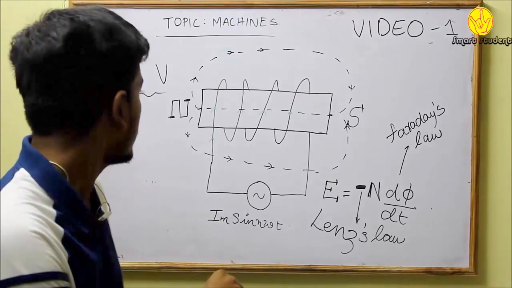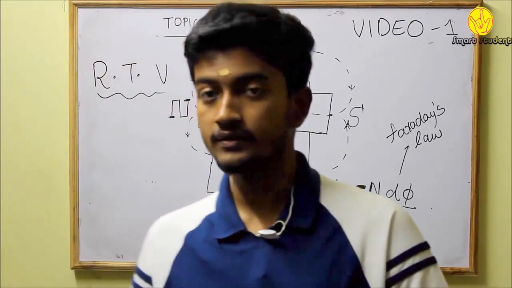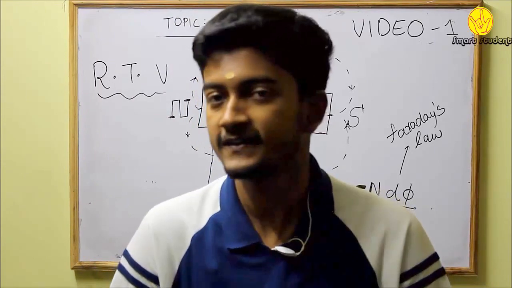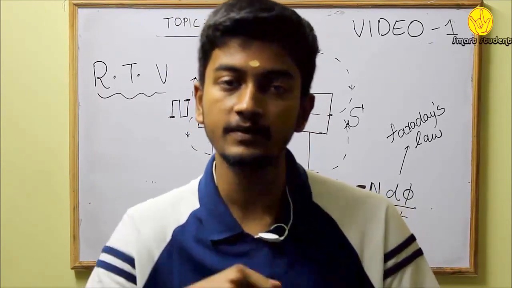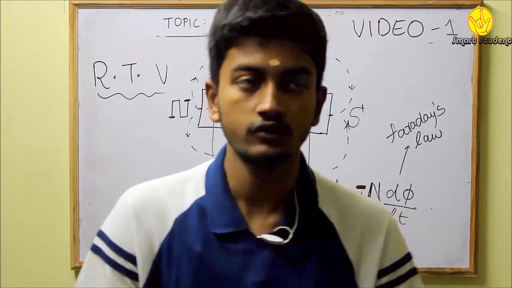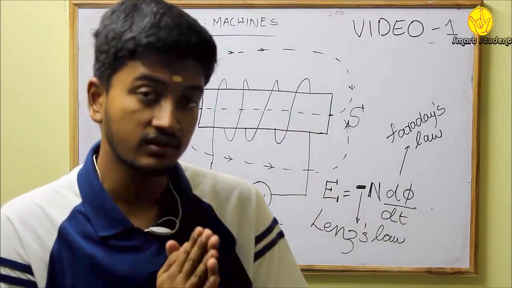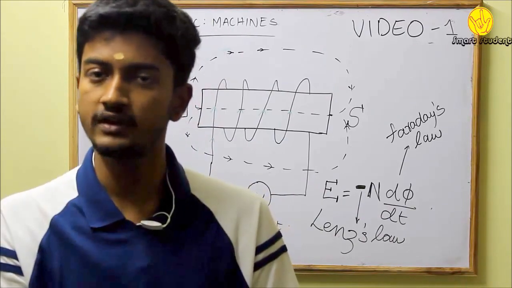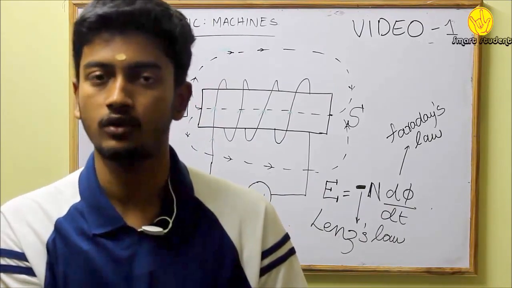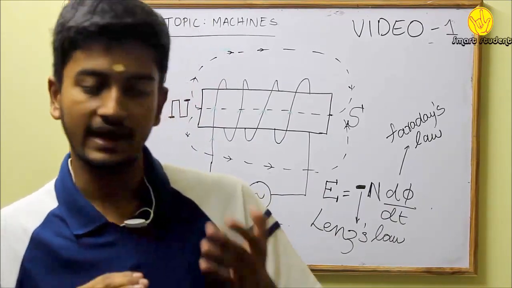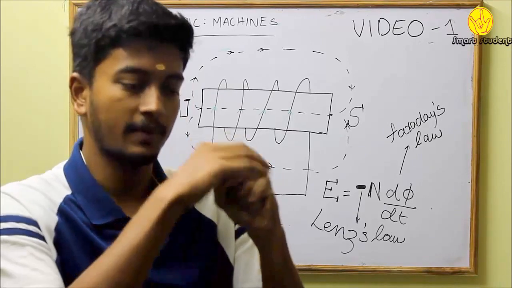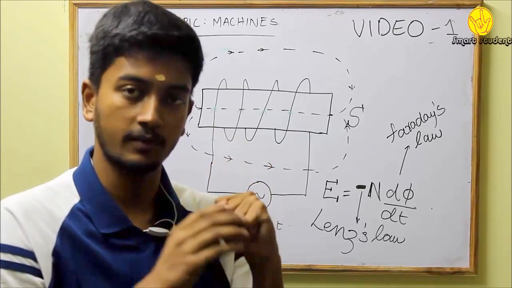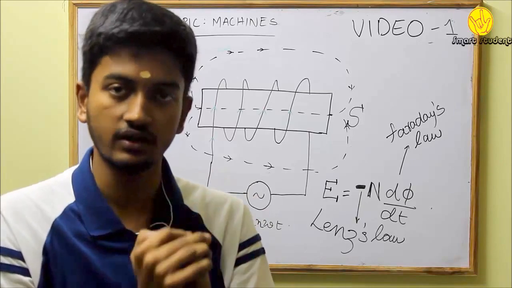Alright. Let us go into relative time variation, where my conductors will be stationary and my magnetic field will be varying with respect to time. In this, as my conductors are stationary, the EMF induced in the conductors depends only upon flux linkages, as the magnetic flux links with these conductors.